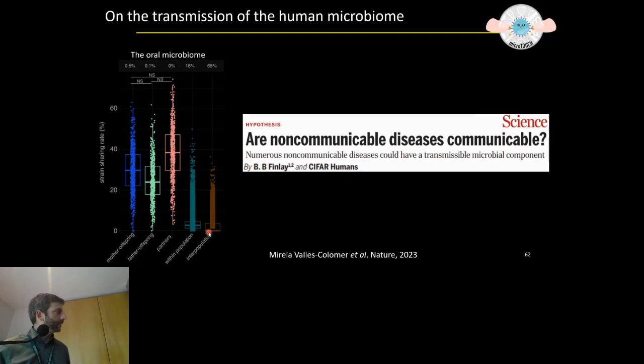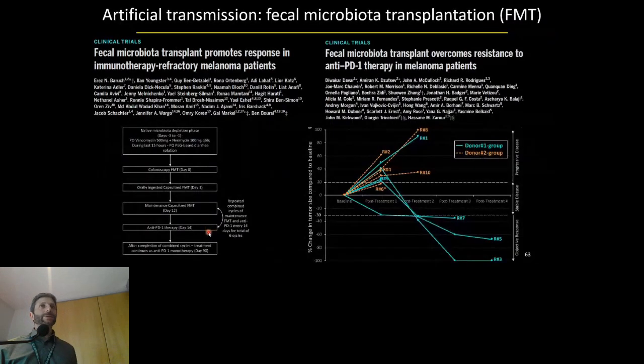I'm running a bit out of time here, but the same strain transmission can be investigated when you look at fecal microbiota transplantation, which is under study for many different diseases, such as those shown here. And it's very important to understand this.